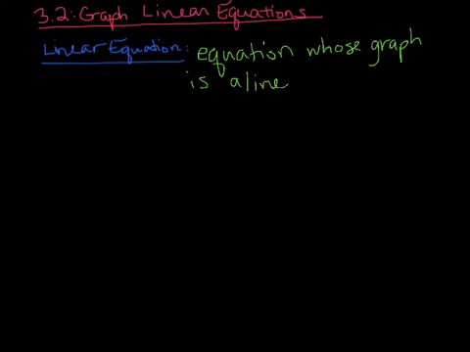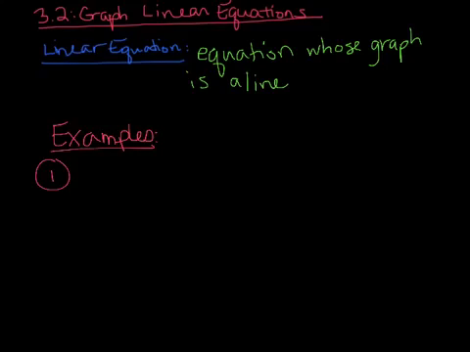So we're going to start with a few examples that don't even involve graphing. The first thing I'm going to ask you is to tell if a point is a solution to a linear equation.